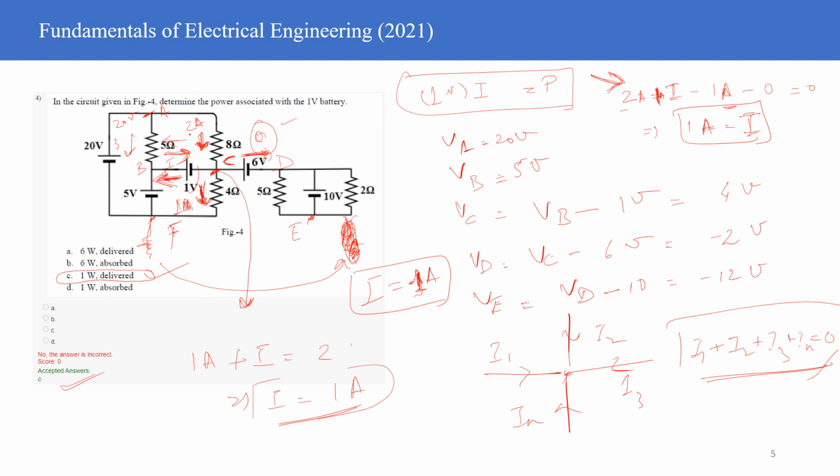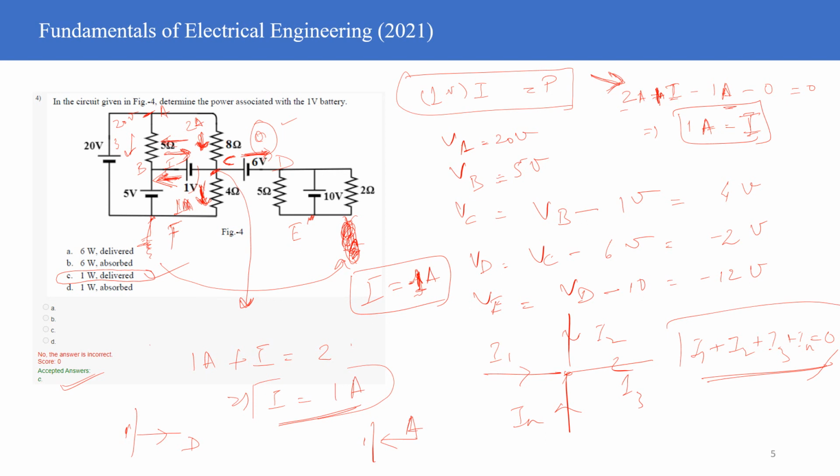So the current would be flowing in this direction because the current is coming out to be negative, and therefore again you can take the direction to be positive, that is flowing out of the positive battery, and then you can multiply it to figure out it's being delivered, right? Because the current is coming out of the positive plate. If the current is coming out of the positive plate, it is power being delivered. If the current is coming into the positive plate, it is power being absorbed. Did you get that, Hassan? Yes, I got it, sir.